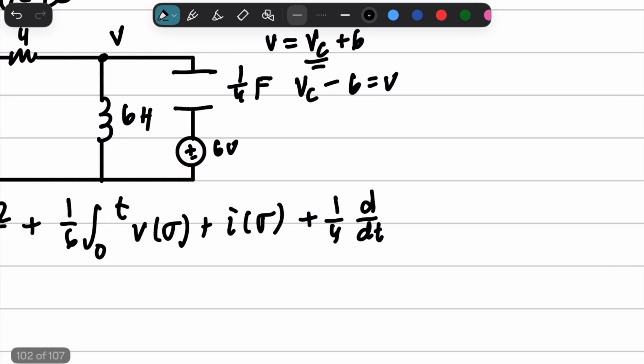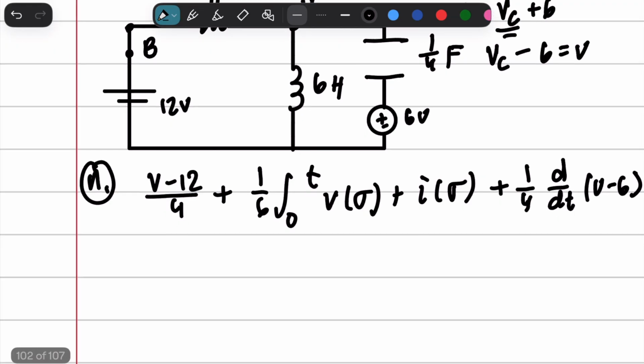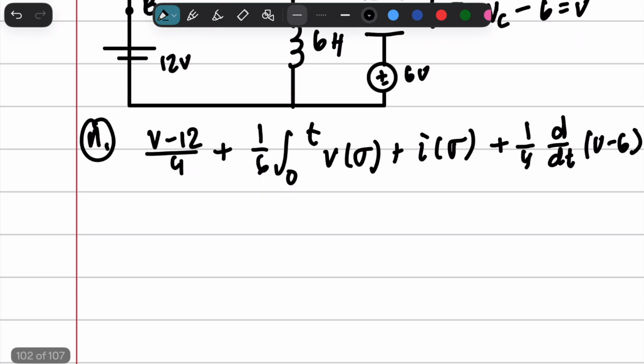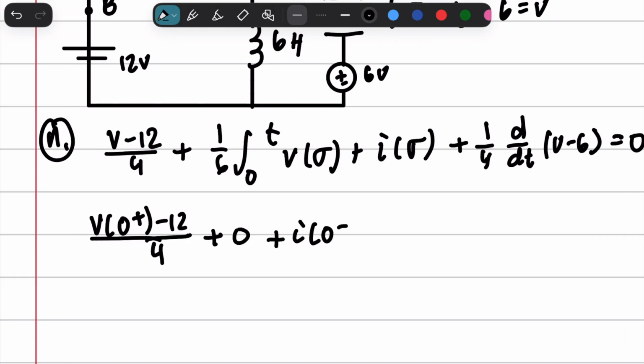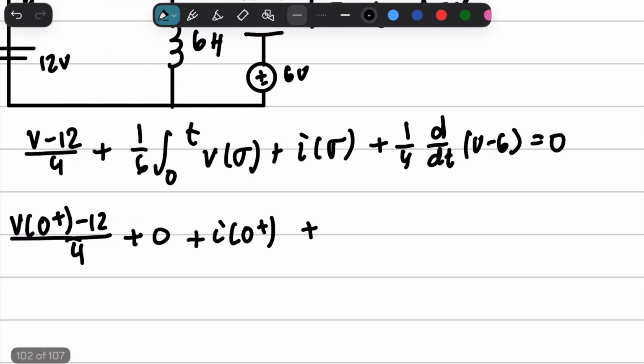And so it'll look like this. Now we're going to go ahead and find V prime 0 plus, because we still need that. So we're going to say everything is V of 0 plus over 4 plus I of 0 plus plus 1/4 V prime of 0 plus is equal to 0.